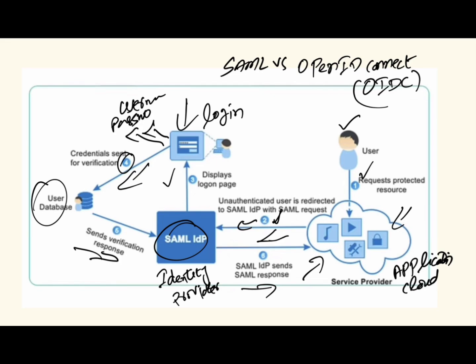Key characteristics: it uses XML, browser redirects plus POST. It is heavy and complex, very common in enterprise single sign-on. Typical use: corporate single sign-on, legacy enterprise apps, and federation between different organizations.